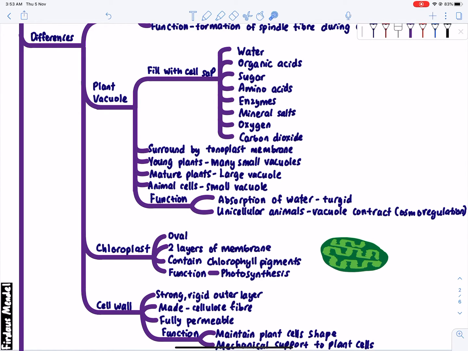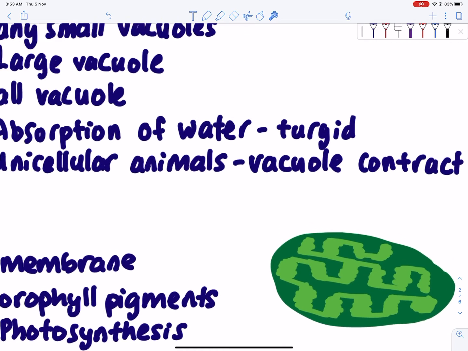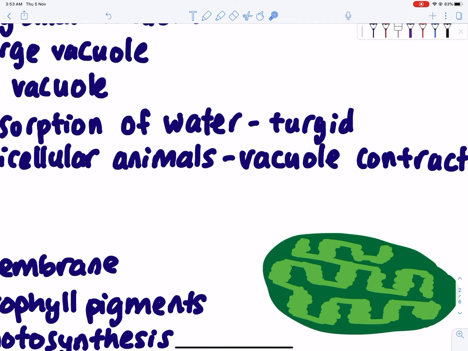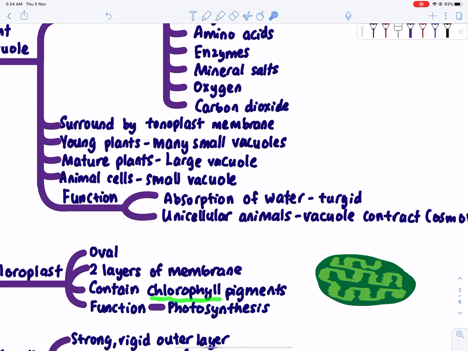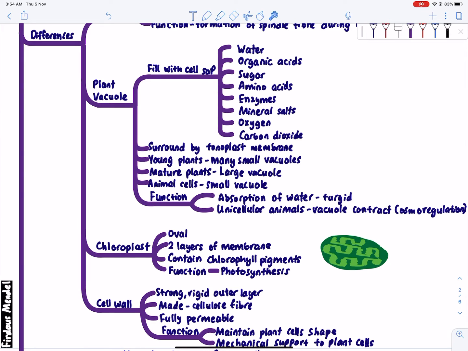The green pigment that gives color to the chloroplast is chlorophyll. That means the chloroplast is the bigger one, and chlorophyll is the much smaller one. What gives color to the chloroplast? That chlorophyll pigment, because it is green. The function is photosynthesis.